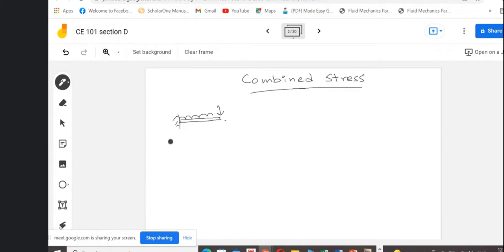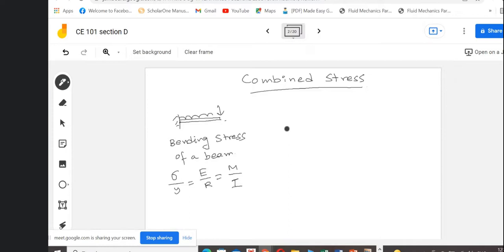That stress we know is called the bending stress of a beam. And the equation for a section was sigma by y is equal to E by R is equal to M by I. Okay.